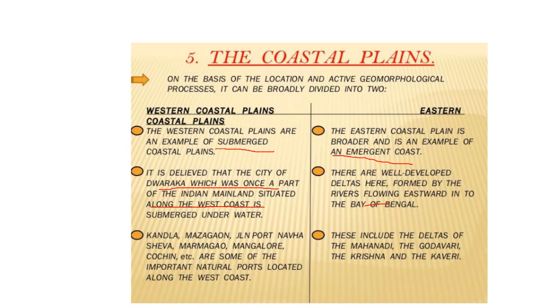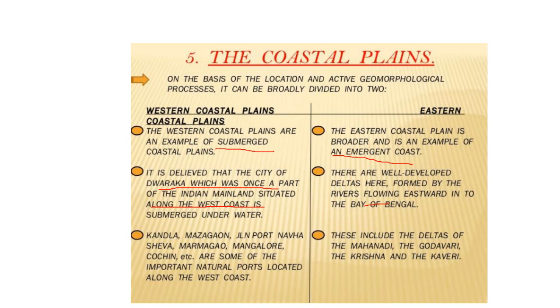This is a classification of this coast. The western coastal plains are an example of submerged coastal plains. Submerged means they have fallen into the water. And the eastern coastal plains are a broad Indian example of an emerged coast. There are two types of coast, emergent and submerged.